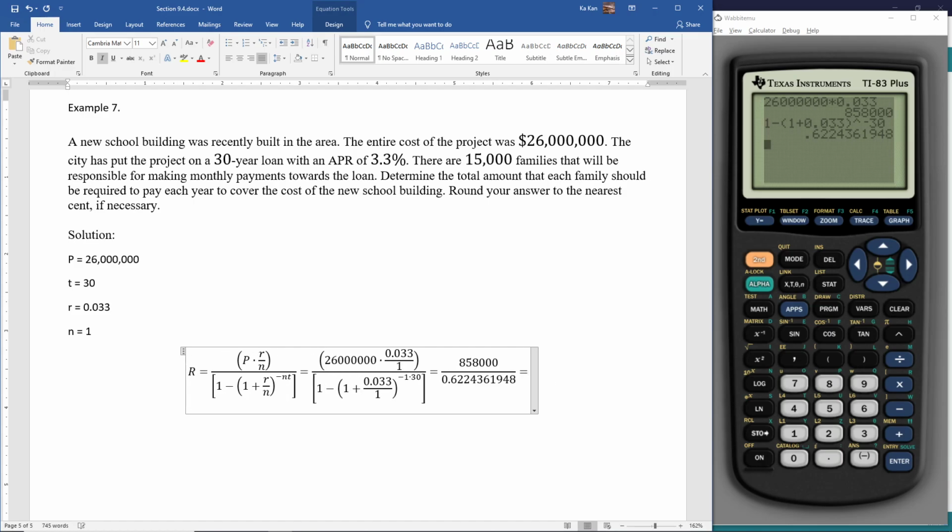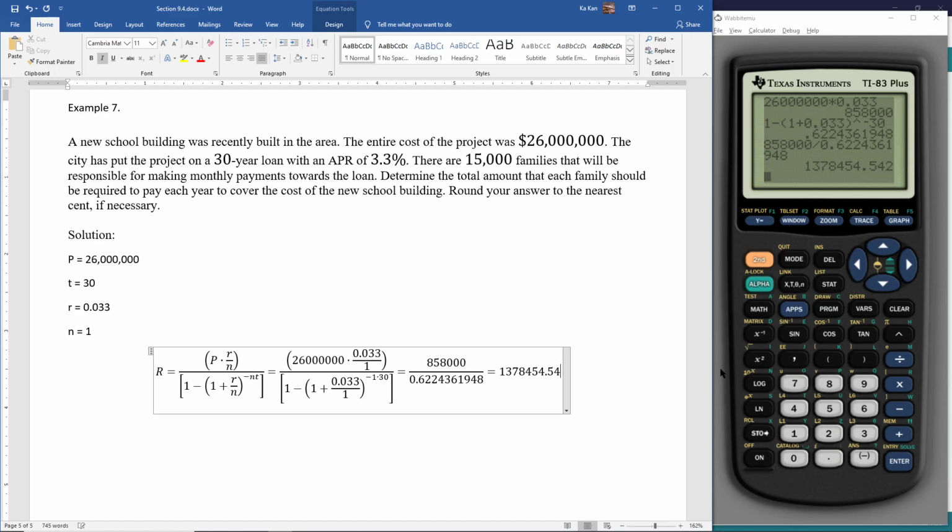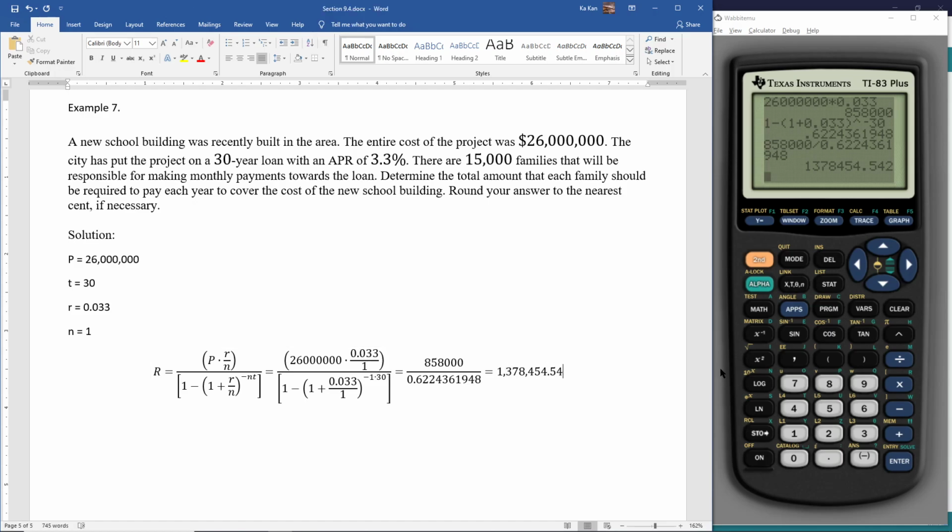So now 858,000 divided by 0.6224361948. That's basically how much the city will pay: 1,378,454.54 per year.